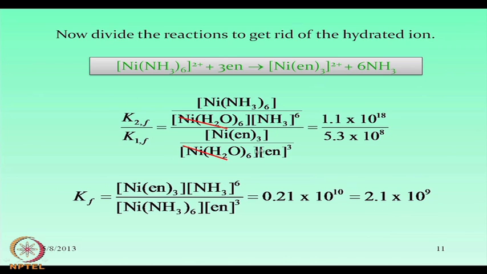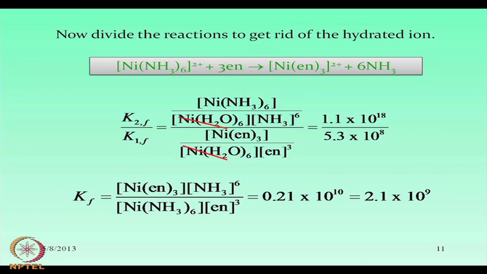So, this is the corresponding formation of these tris ethylenediamine starting from the water molecule, that means the aqua complex, or from the amine complex.